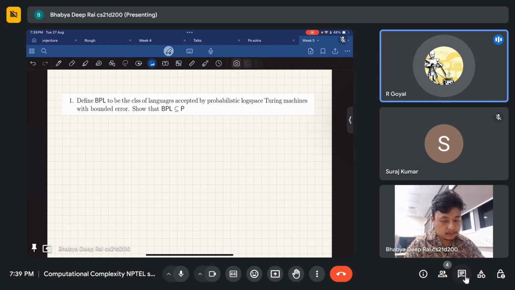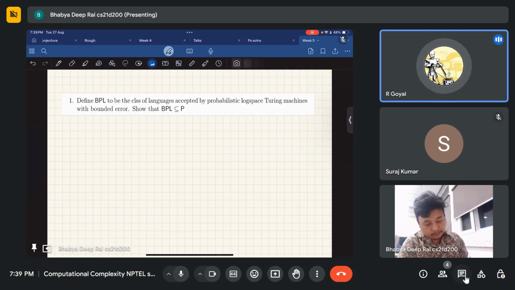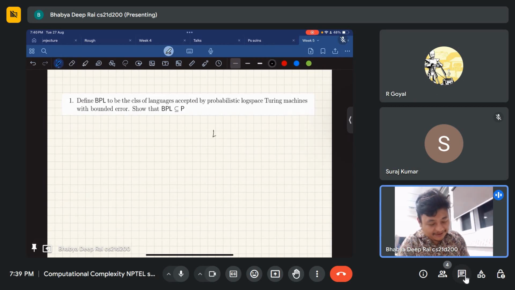For P, we are pretty sure about yes and no, and for BPL, we are not that sure, but L is bounded. As far as the space requirement is concerned, since L is a subset of P, therefore this is true. Why should this follow? It's not very clear to me.